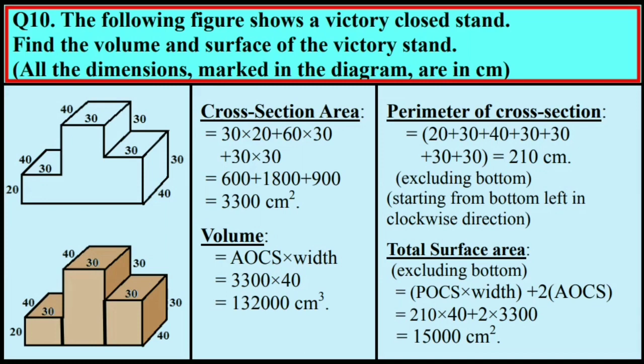I start counting from the bottom left corner of the figure and you compare with the values written here for calculating the perimeter of cross section. Now observe, the perimeter of cross section is this one 20 plus this one 30 plus this one 40 plus this one 30 plus this one 30 plus this one 30 plus this one 30.